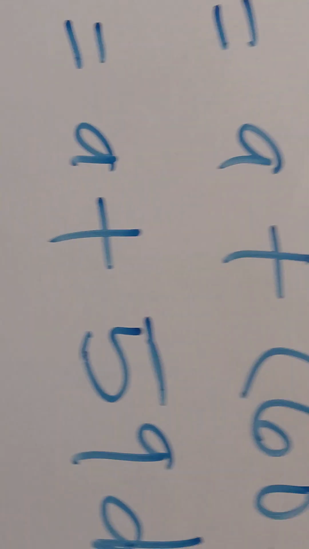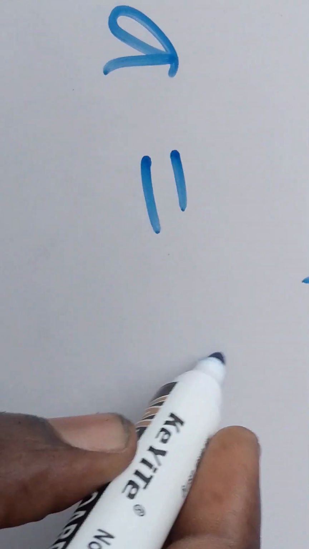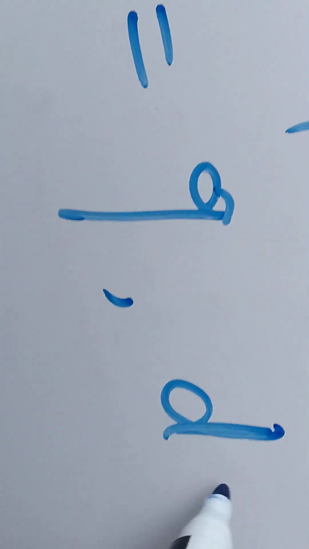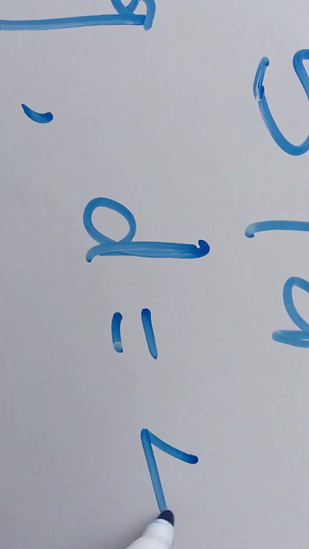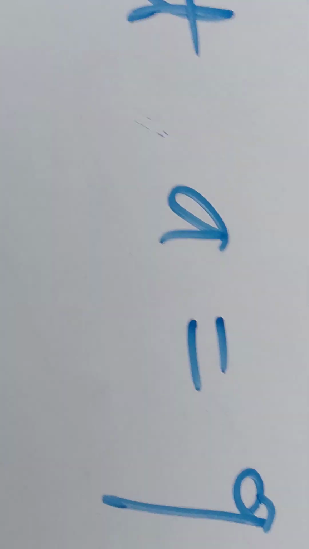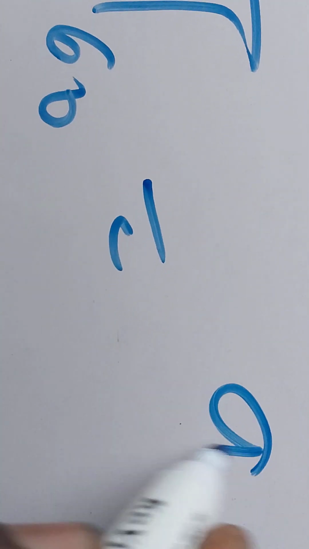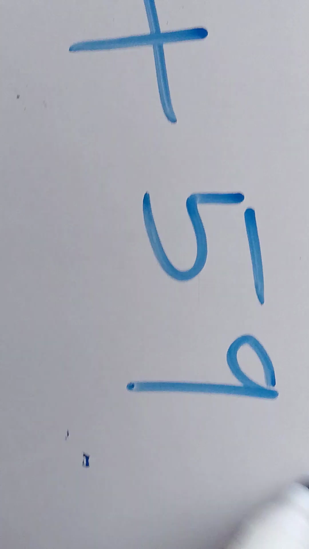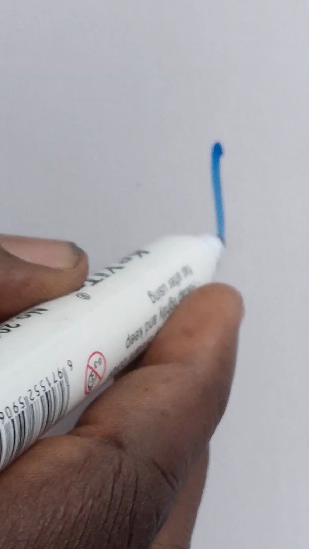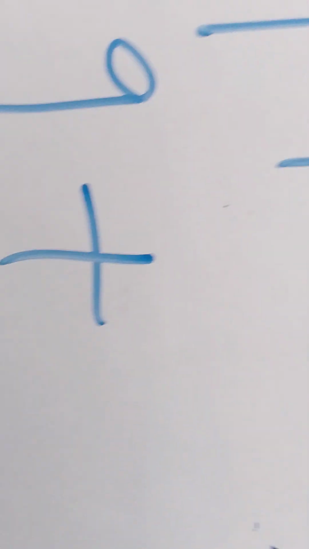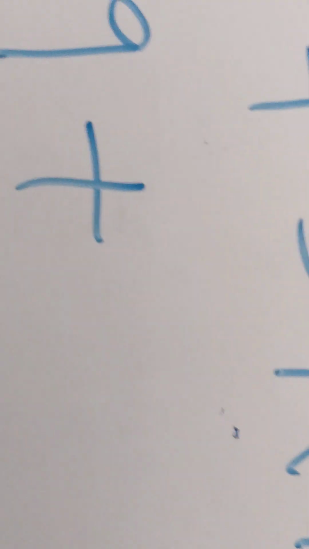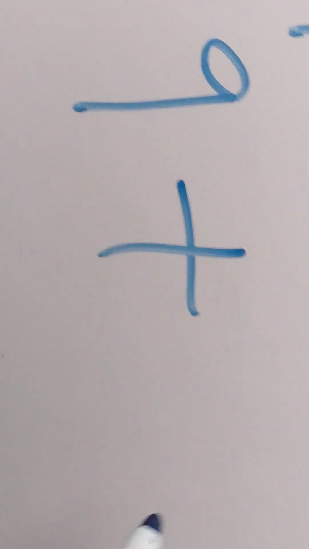Alright, but my first term A is equal to 9, and my common difference is equal to 4. So if I put it in the equation, T60 equals, in place of A I write 9 plus 59 times 4. 59 times 4 gives me 236.